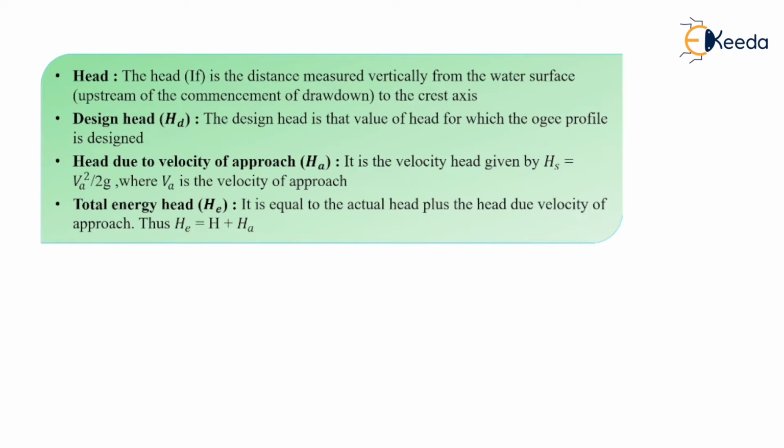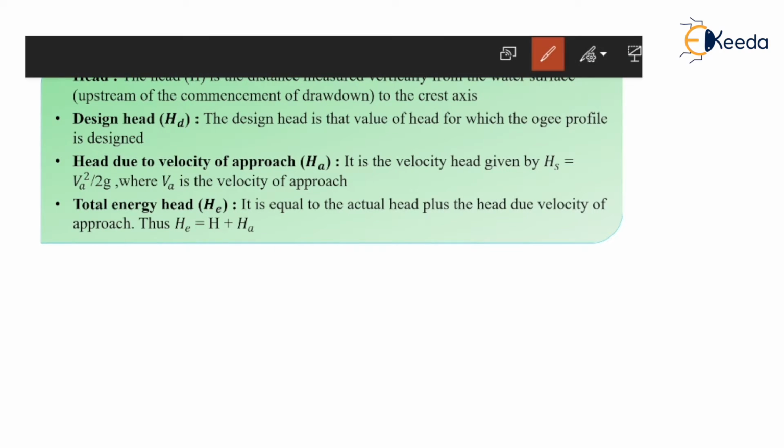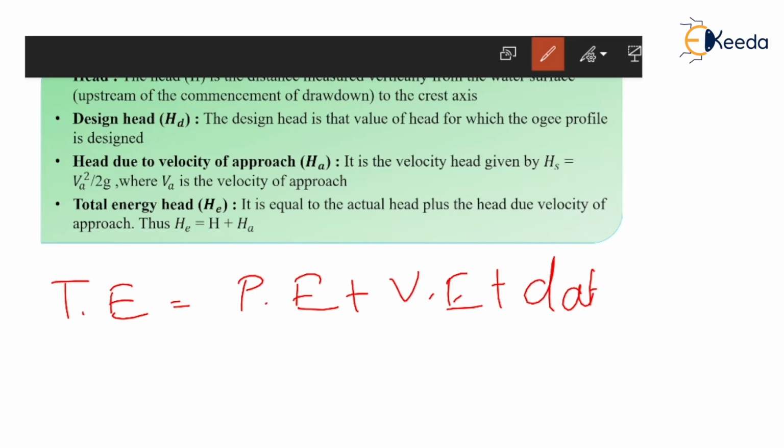The last one is the total energy head. We know that total energy is nothing but potential energy plus velocity energy plus datum energy. Here, potential energy means the water remains in a stable condition, the actual head we can say.